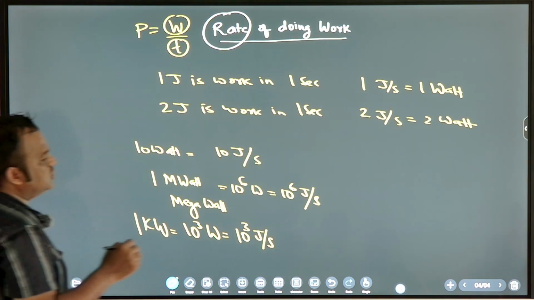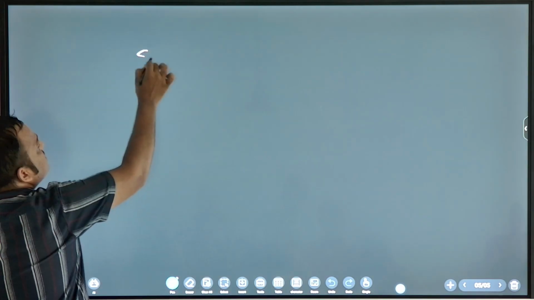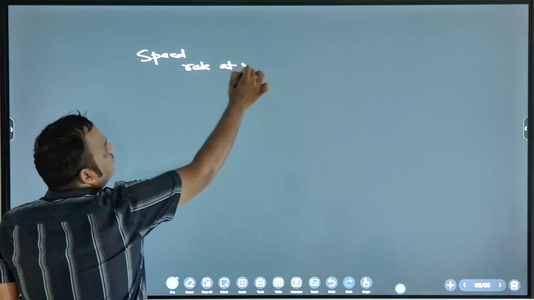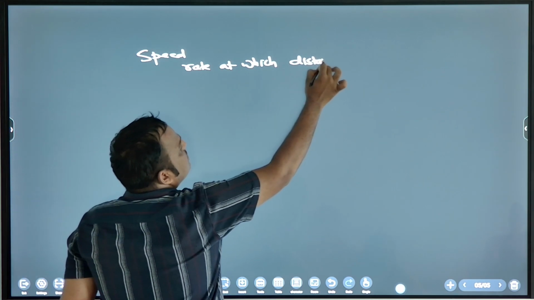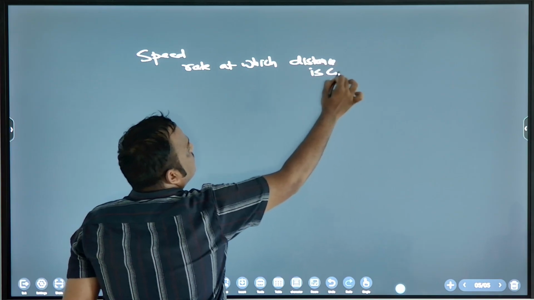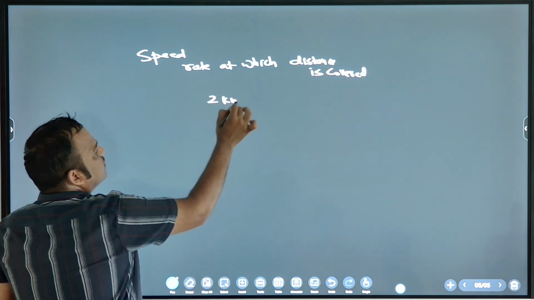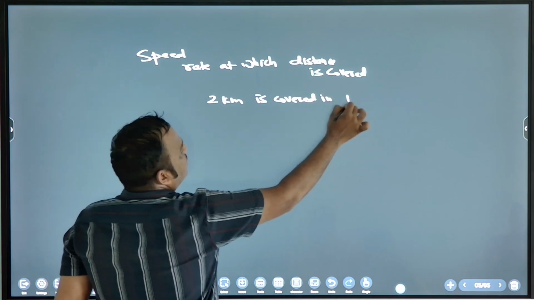Suppose when I say speed, what is speed? Tell me. Rate at which distance is covered. Suppose 2 kilometer is covered in 1 minute.